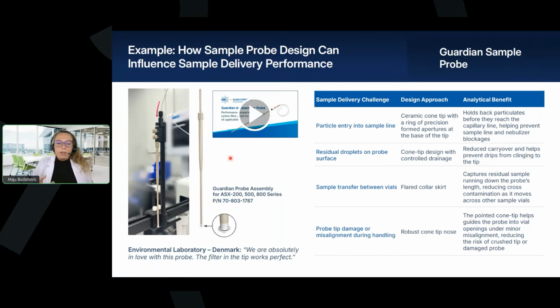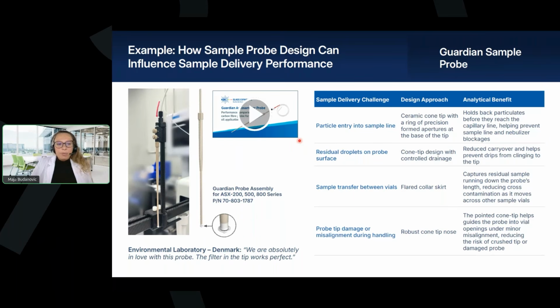Now, one component that is key for reliable sample delivery is the sample probe itself. There are several challenges that can be overcome with optimal sample probe selection. The first one is particle management. As we mentioned before, many real samples contain suspended particles or even small precipitates, and the larger particles can enter the sample flow and cause either partial restriction or blockages.